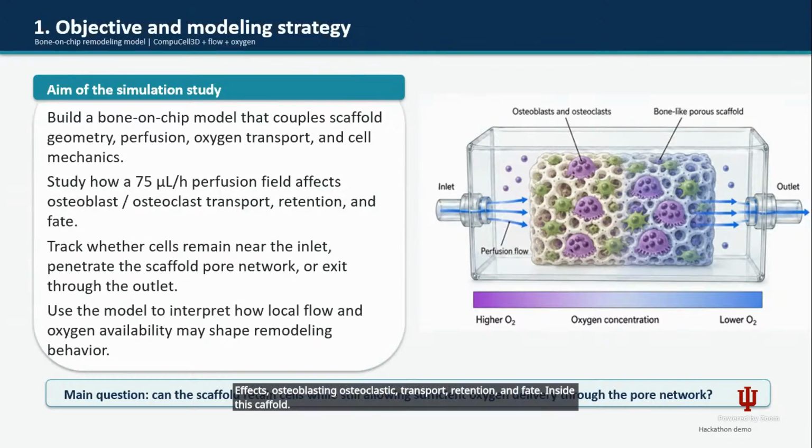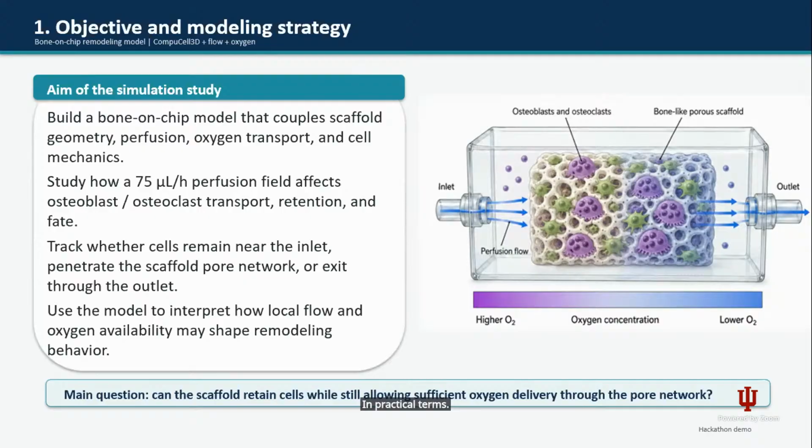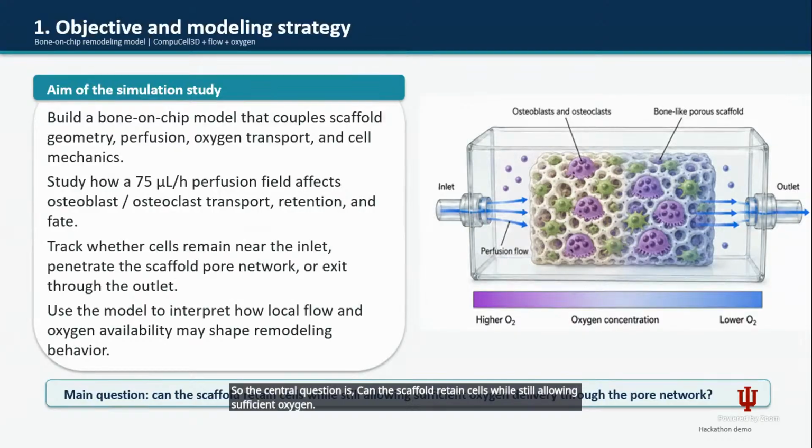In practical terms, we are asking whether cells remain near the inlet, penetrate the porous scaffold, or are eventually washed out through the outlet. So the central question is, can the scaffold retain cells while still allowing sufficient oxygen delivery through the pore network?